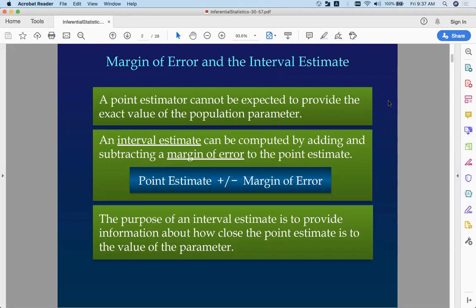So this is where we'll use our interval estimate, all the things that we have learned so far. A point estimate cannot be expected to provide the exact value of the population parameter. An interval estimate can be computed by adding and subtracting a margin of error. So this is a point estimate, x bar, plus or minus the margin of error. The purpose of an interval estimate is to provide information about how close the point estimate is to the value of the real parameter.